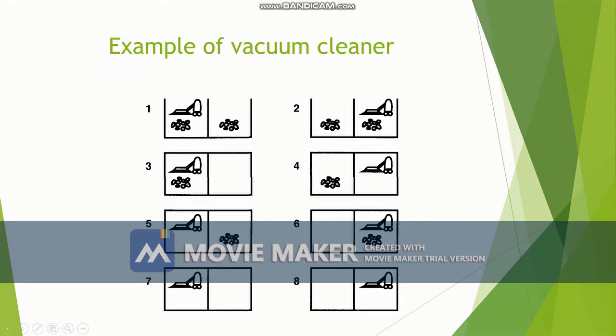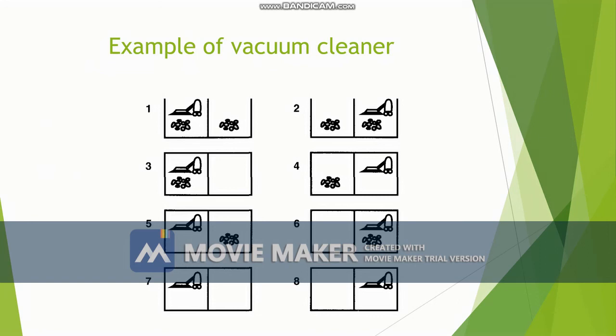The current state can be any one of the 8 states. So the information about the current state is limited. We have knowledge about the environment, that dirt may be present or may not be present, but we don't have the specific information about the current state.